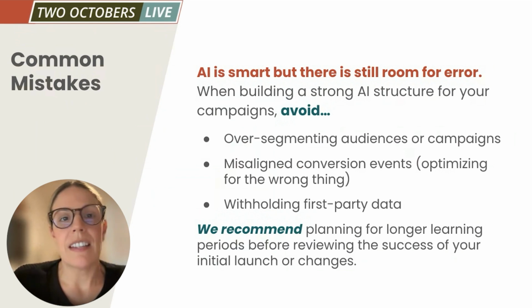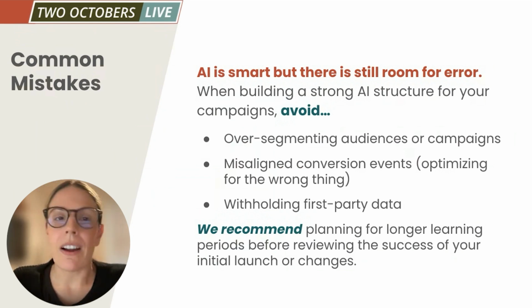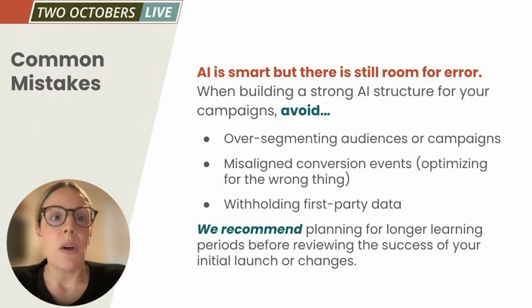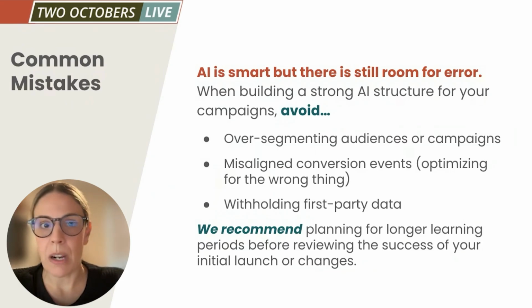Some of the common mistakes that we see are pretty easy to avoid, but one thing to remember is that even though AI is smart, there's still room for error. So building these campaigns, we try to avoid over-segmenting our audiences or over-segmenting campaigns themselves.